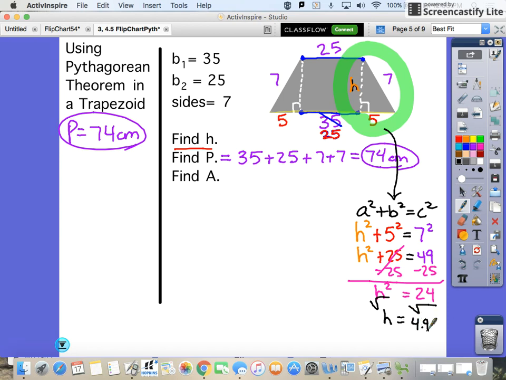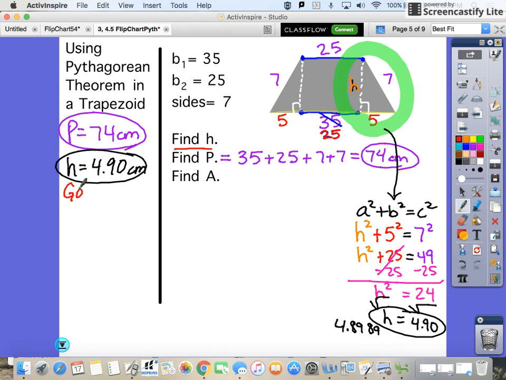It comes out to 4.8989 blah blah blah. But because that third digit is an 8, that 9 becomes a 10, so this 89 becomes a 90. That's a tricky rounding problem. So we know h is 4.90 centimeters.